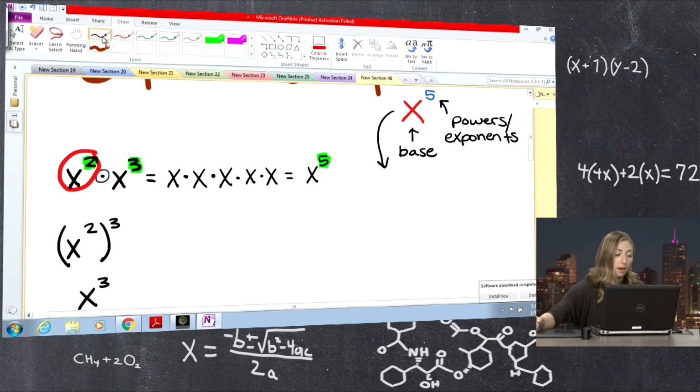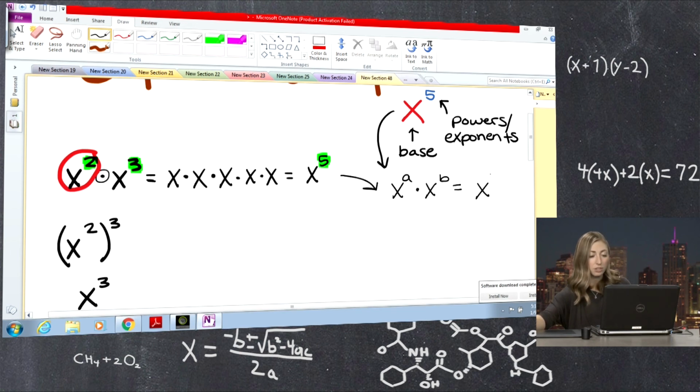So the product of powers property in general form is written like this: if I have x to the a power times x to the b power, it simplifies to x to the a plus b power. Whatever a is, we add it to b, and that's our new power. So that's the product of powers property.